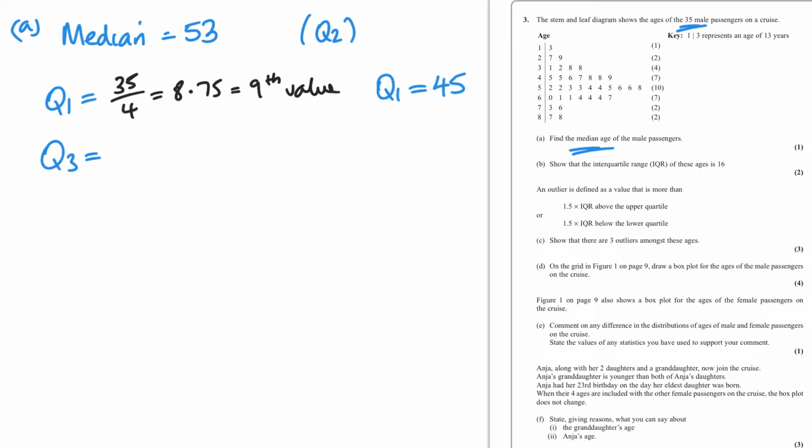Now I want to find the upper quartile, so 35 over 4, then multiply by 3. And that gives me 26.25. And I always round up here, so I'm looking for the 27th value. So we got 1, 2, 3, 4, 5, 6, 7, 8, 9, 10, 11, 12, 13, 14, 15, 16, 17.